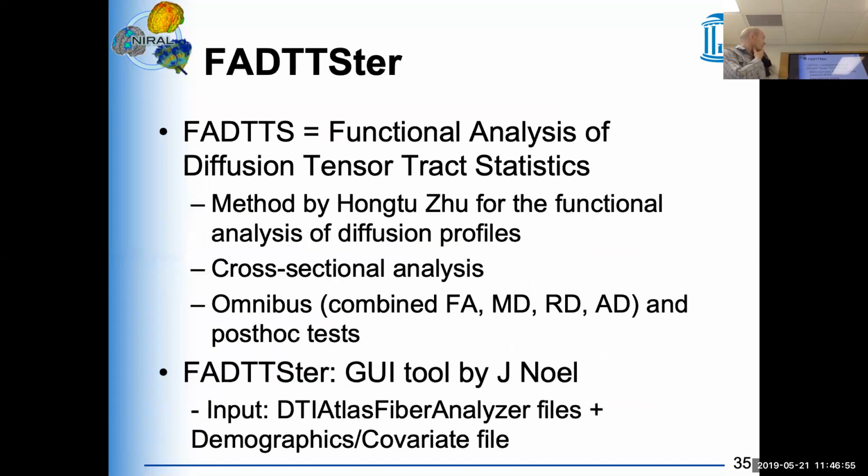FADTTS is Functional Analysis Diffusion Tensor Tract Statistics, developed by Hong-Tu Zhu, probably about 10 years ago. What's nice about this is it allows 2 types of analyses. One is a global analysis, where it doesn't tell you where along the tract something is up, but it looks at the tract as a functional unit.